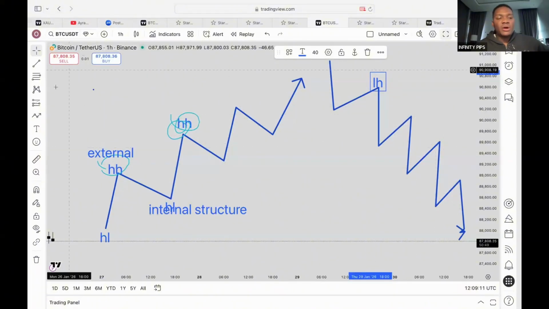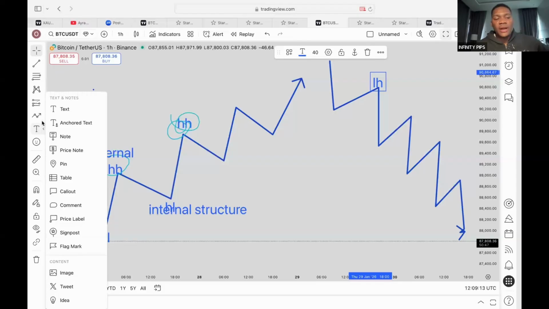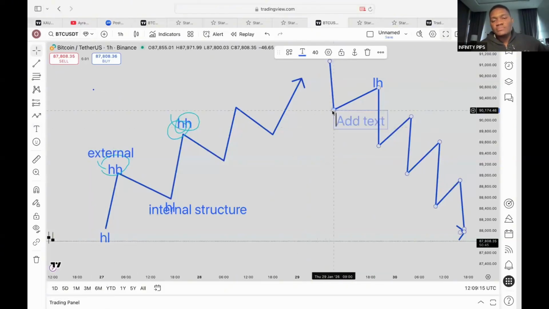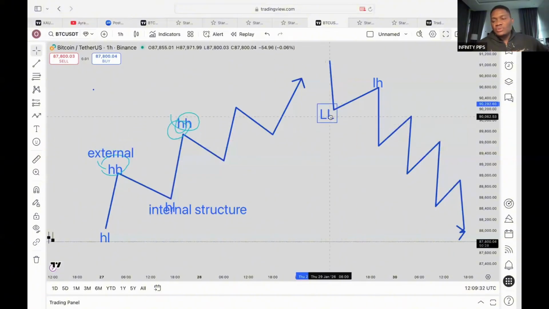While the ones from under are lower lows, LL. Let me put capital letters. So here's a lower low, here's a lower low, here's a lower low, here's a lower low.